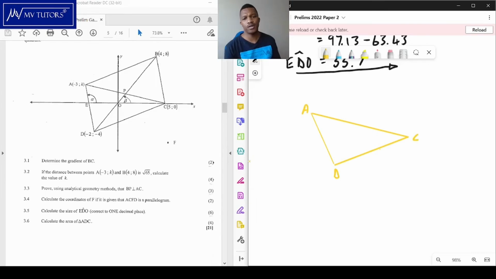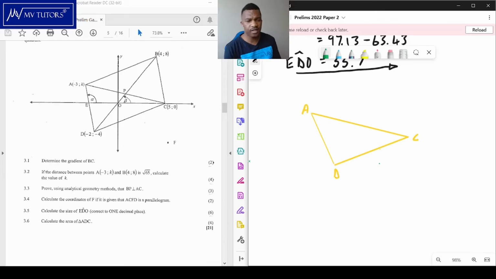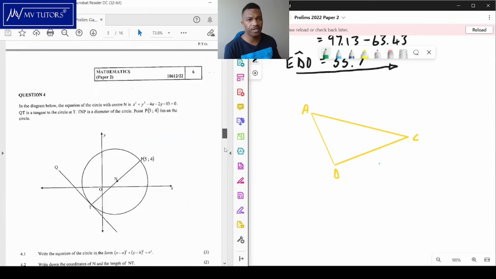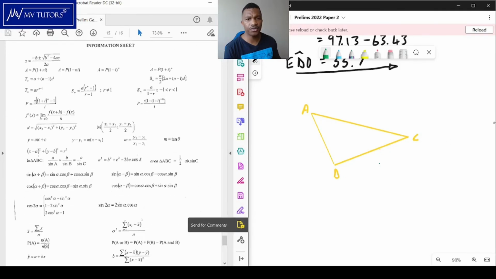So how can I do this? Let's go grab the formula from the formula sheet, because there's something I want to show you.